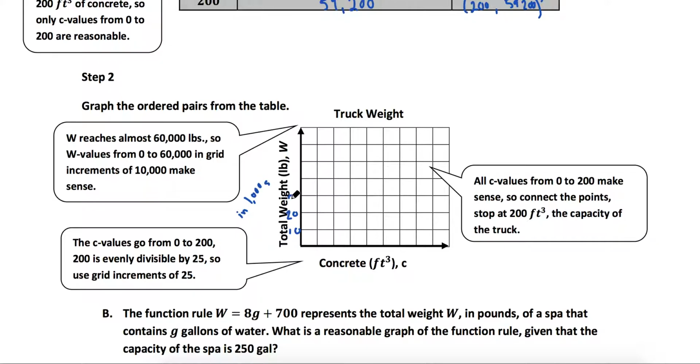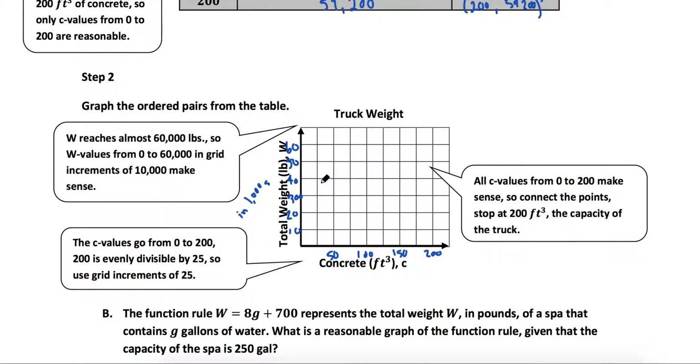And then 30, 40, 50, 60. And down here, let's count by 25s. I'm actually only going to mark every other one as 50, so 50, 100, 150, and 200, but we really are counting by 25s. Okay, so we start off the graph at 0, 30,000.